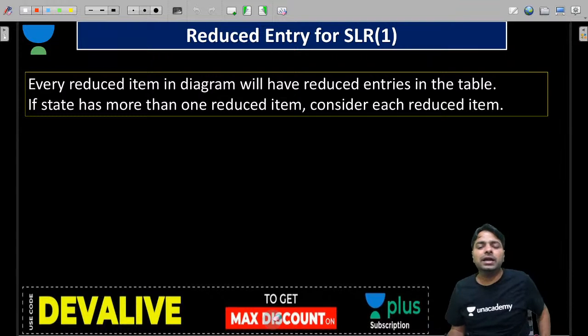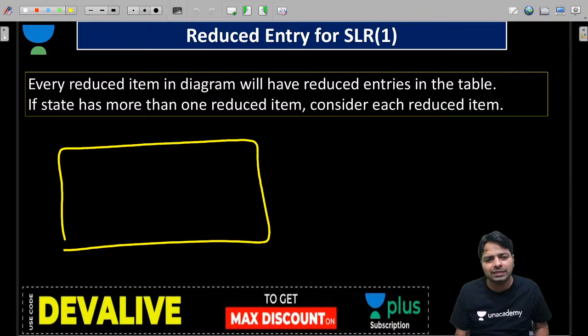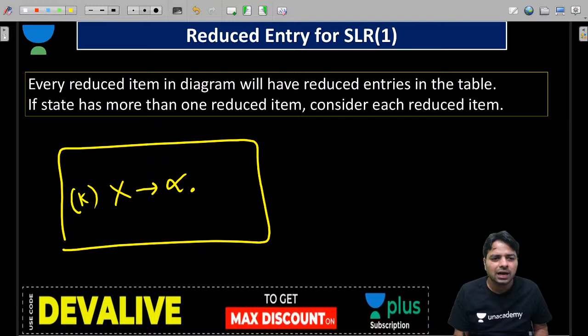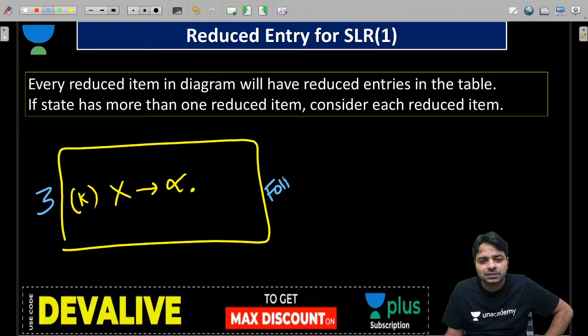Okay, next one, reduced entry for SLR1. Same, you have to look at every reduced item. Suppose you have an item, let's say X to alpha dot, the production number is let's say k, and the state number is let's say 3. Then you must compute follow of X. Suppose you get the answer T1 comma T3.